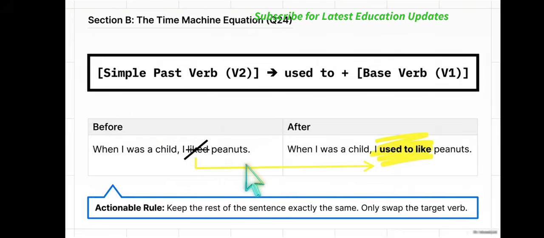So when I was a child, I liked peanuts. నేను పిల్లవాడిగా ఉన్నప్పుడు నేను పల్లీలు శనగ విత్తనాలుకి చాలా ఇష్టపడేవాడిని. When I was a child, I used to like peanuts. So for stative verbs here, like, love, understand, feel, perceive, know, believe, used to comes. So if it is temporarily discontinued, we have to use it with would. So swap the target verb here, keep the rest of the sentence exactly the same, only swap the target verb.